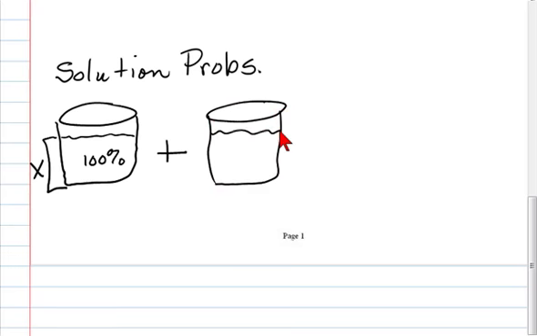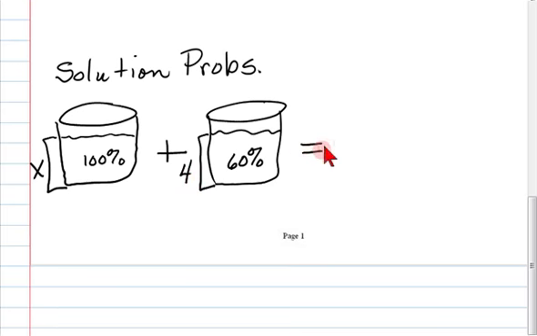How much pure acid should be mixed with 4 gallons of a 60% acid solution? So this one is only 60% acid. Probably the other 40% is water. And it says how much of the 100% should be mixed with 4 gallons of this. So I'll put a 4 out here. Does that make sense so far?